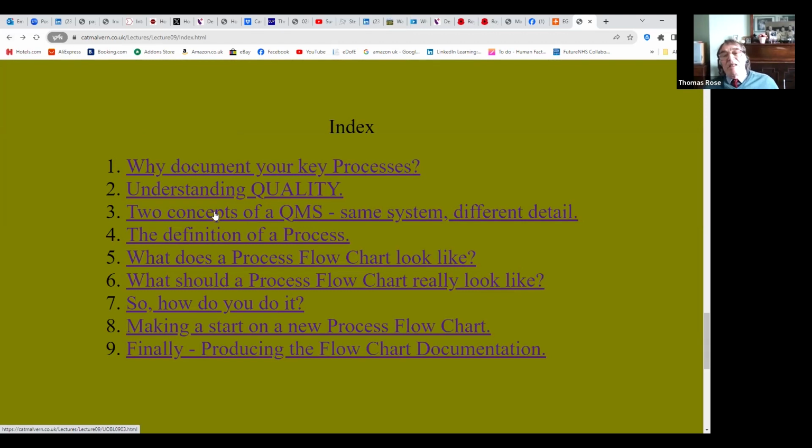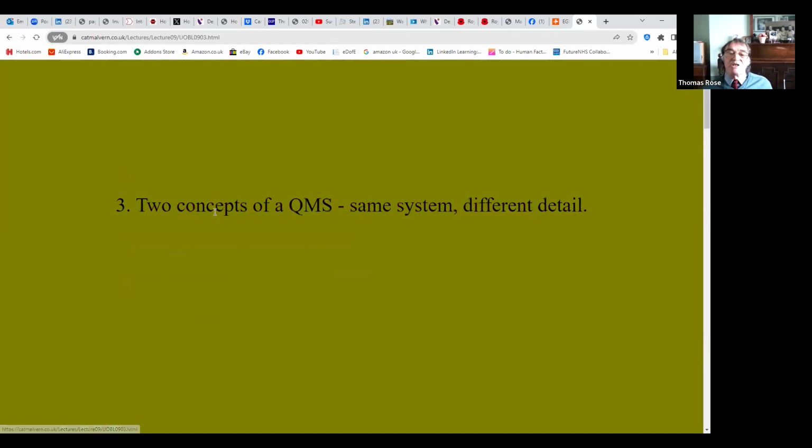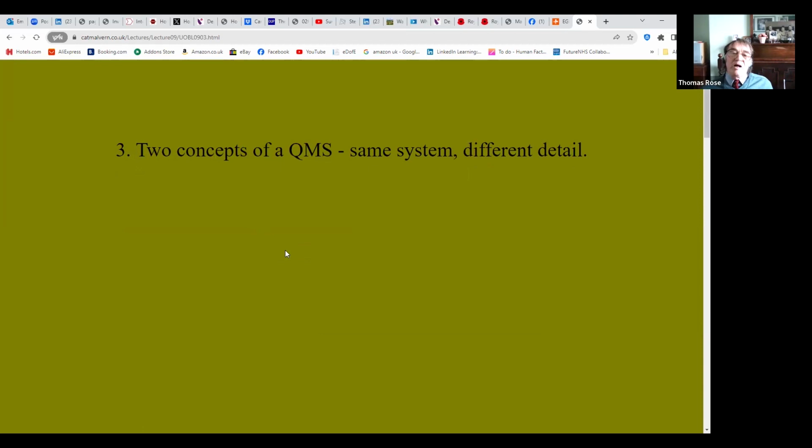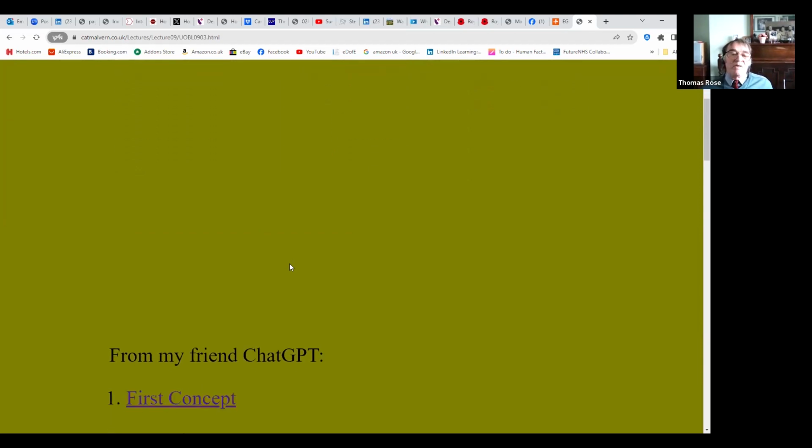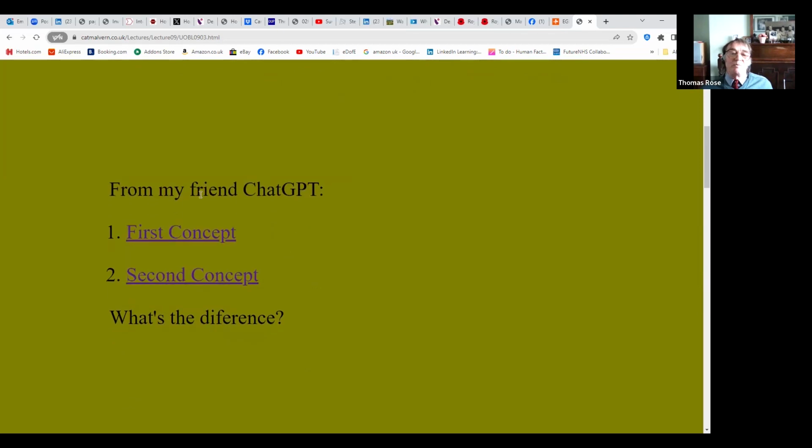So let's have a look at what people understand as a quality management system. Here I'm going to look at two different concepts of quality management that are the same system, but with different detail. And I used my friend ChatGPT to put together these two different concepts.